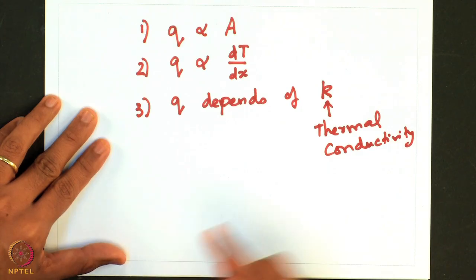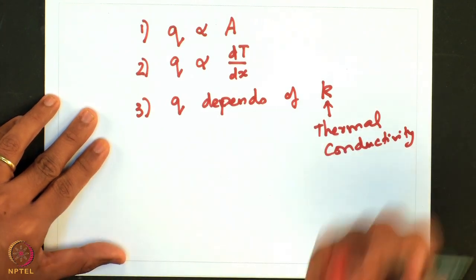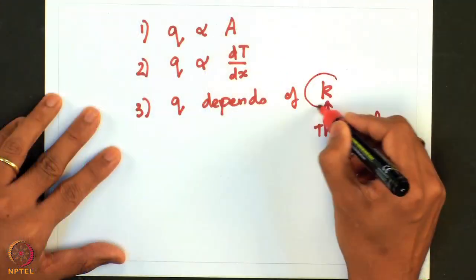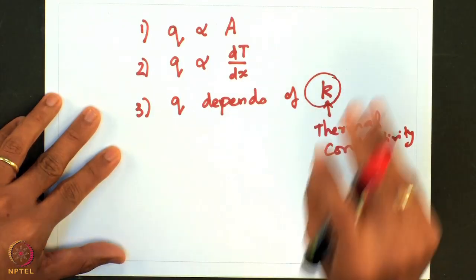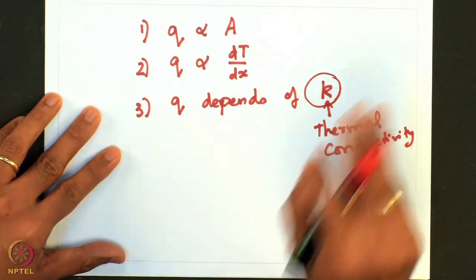Note that thermal conductivity is an intrinsic property. The moment the material is specified, the thermal conductivity of that material is fixed. It is very specific to a given material, and it is an intrinsic property of the system being considered.